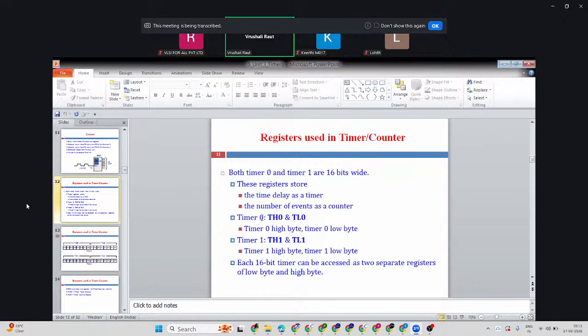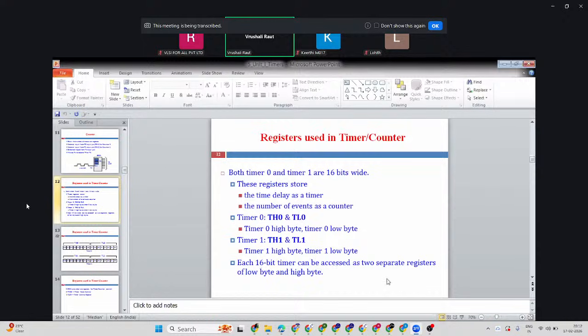In timer 0 there are again two registers, TH0 and TL0. TH0 is the high byte, 8 high bits. TL0 is the timer 0 low byte. Byte means how many bits? 8 bits.